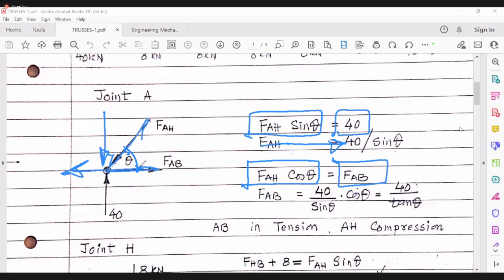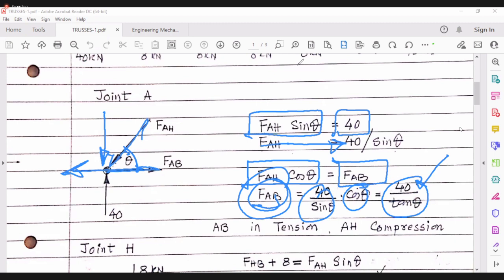That should be equal to FAB. So FAB is equal to FAH, which is 40 by sin theta into cos theta, which is equal to 40 by tan theta.